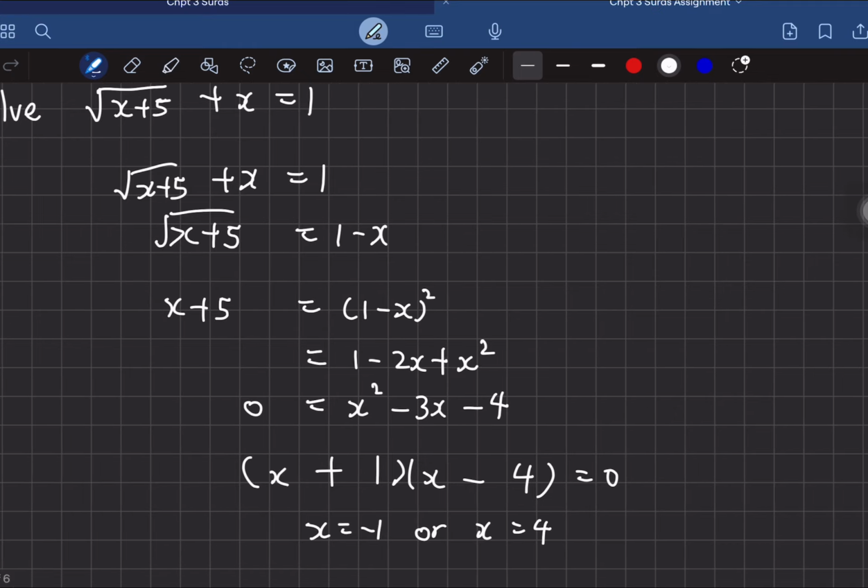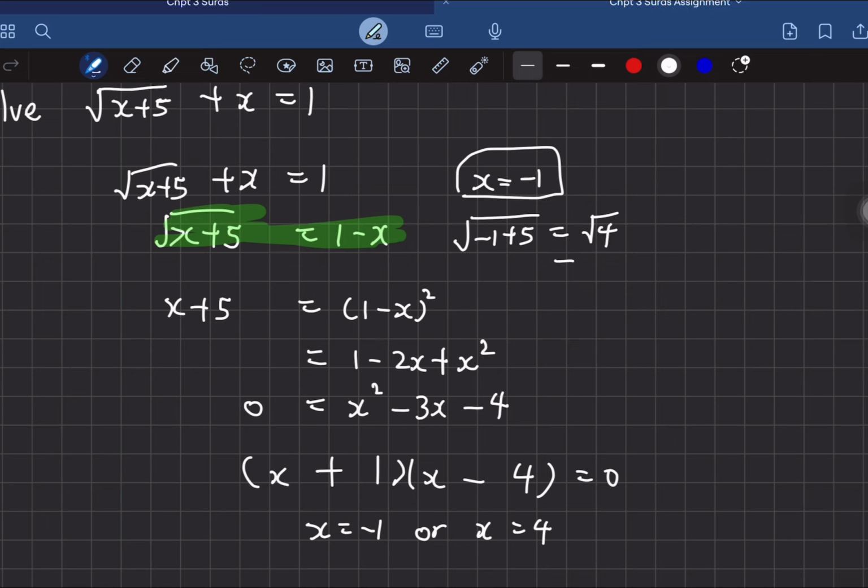So from here, same idea and same issues at these steps. When x equals, this is highlighted in green, the positive square root of x plus 5 is positive. So when x equals negative 1, I have square root of negative 1 plus 5 equals square root of 4 equals 2.